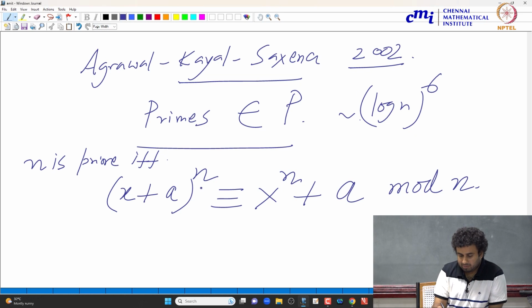But remember that here also you cannot check by expanding out completely, because n is given in log n bits, so the exponent is exponentially large. You cannot use the binomial expansion and test whether it has only two terms with the rest of the terms all vanishing. So in this case the idea is, you have an exponentially large degree. How to reduce the degree?